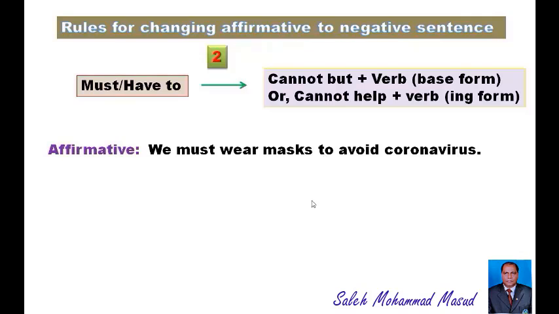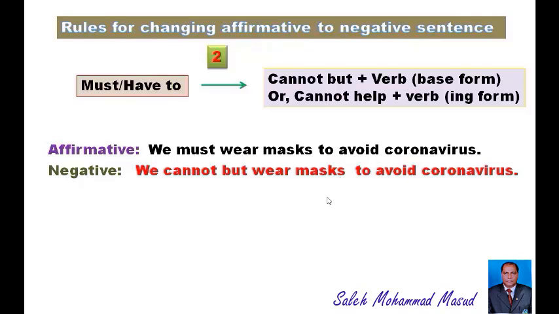Example, we must wear mask to avoid coronavirus. Here the word must is replaced by cannot but, and the verb will be in the base form. So the answer would be, we cannot but wear mask to avoid coronavirus.